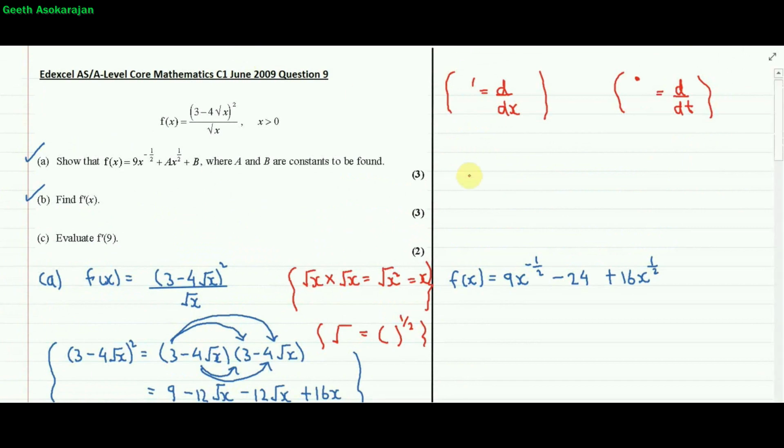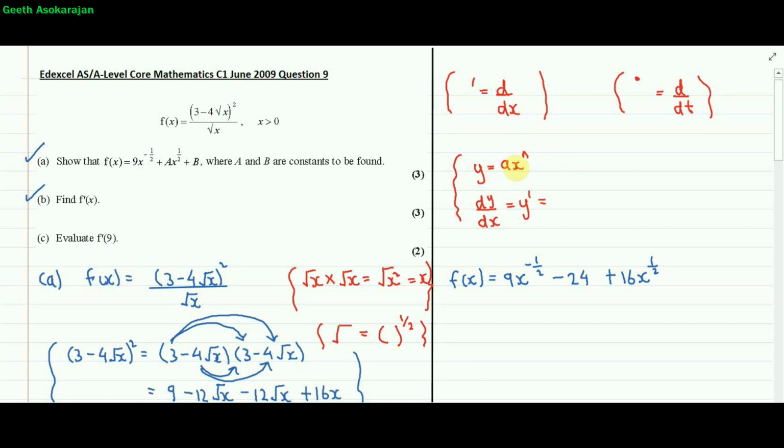One more note that I want to make is, if you're unaware of basic differentiation, I have created a video on how to differentiate basic functions. But let me remind you, if you're differentiating any term of the form ax to the power of n, where a and n are constants, to find the derivative dy over dx or y prime, all we do is multiply by the power and subtract 1 from the power.